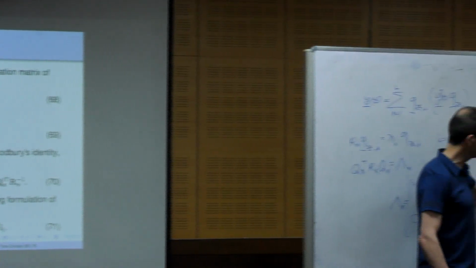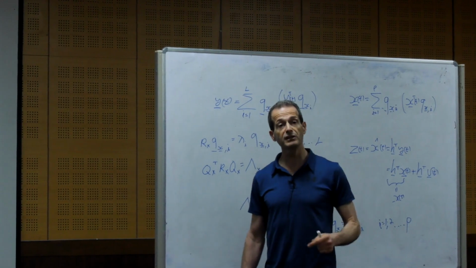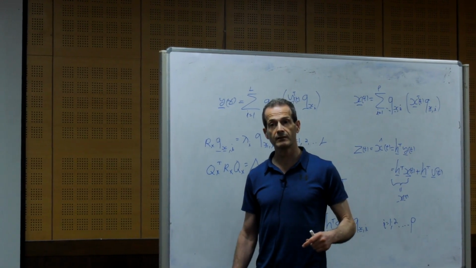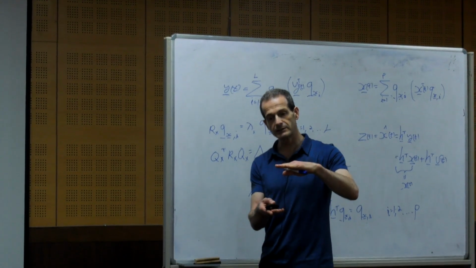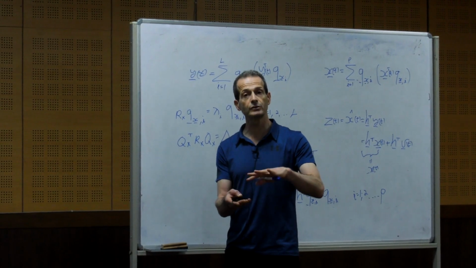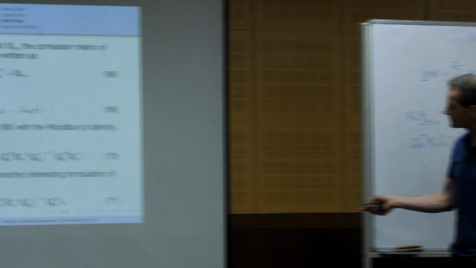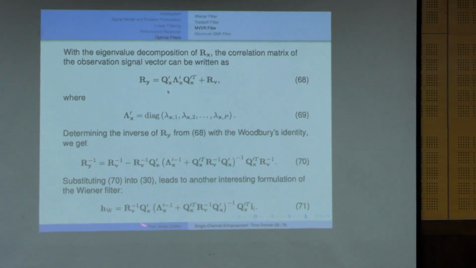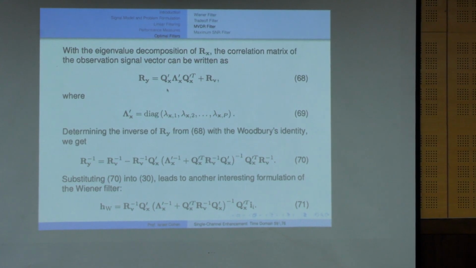We will get something lower, which is exactly the Wiener filter. In the signal subspace, the Wiener filter suppresses the signal according to the signal-to-noise ratio. But it's very beautiful to see the relation. It's only this matrix. If we remove it, it's actually the MVDR.